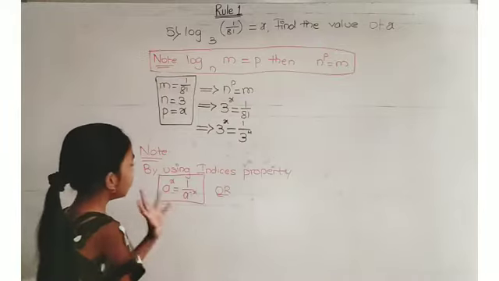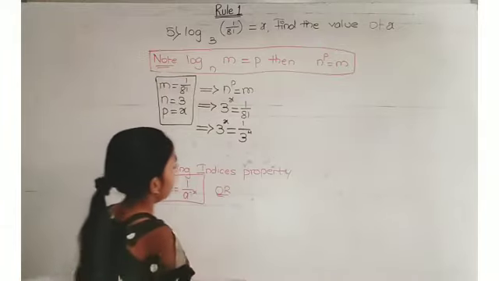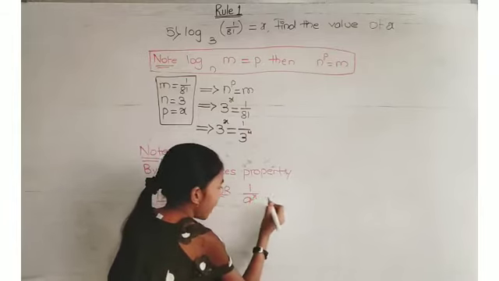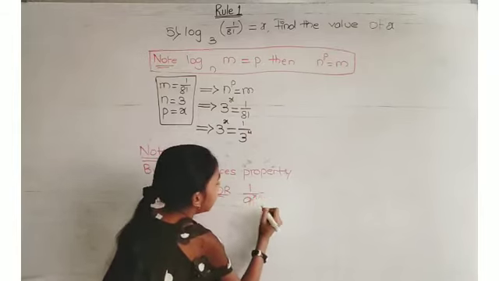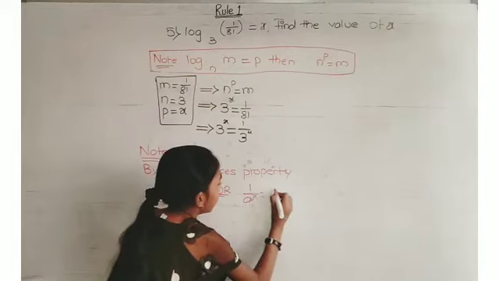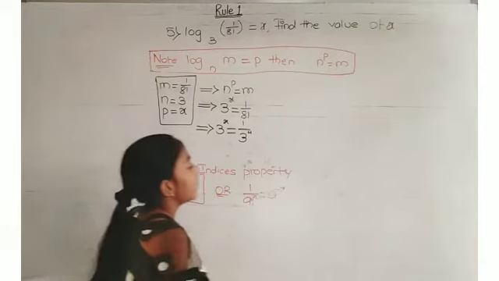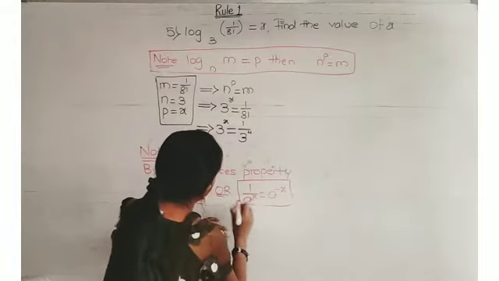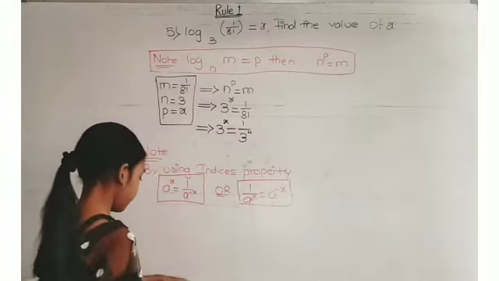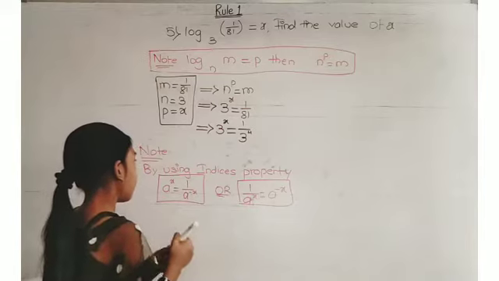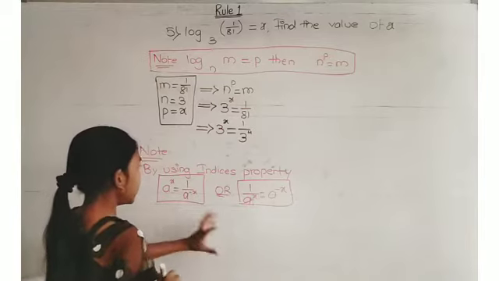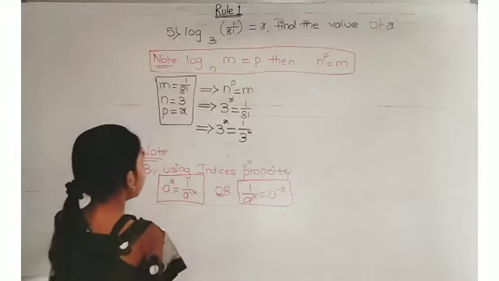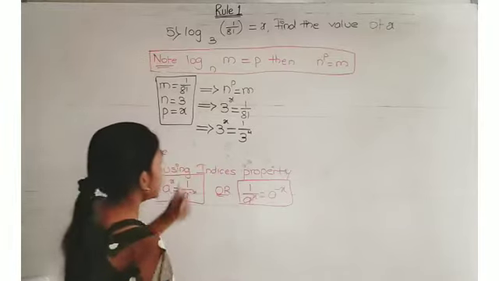Now we are going to take the reciprocal of this, which is 1 upon a raised to x is equal to a raised to minus x. We can also write like this by using the indices property. Now this we are going to apply for this part.